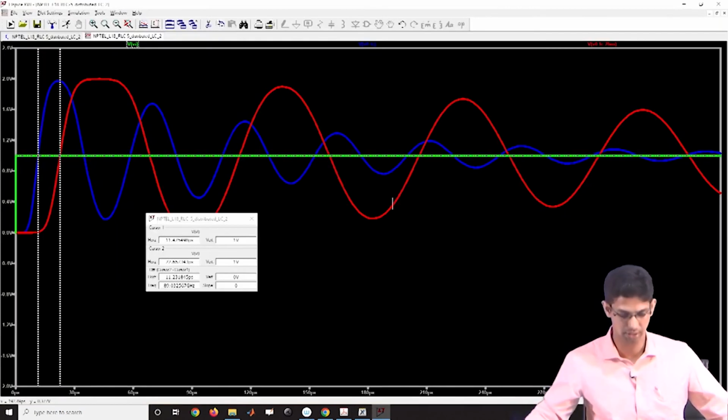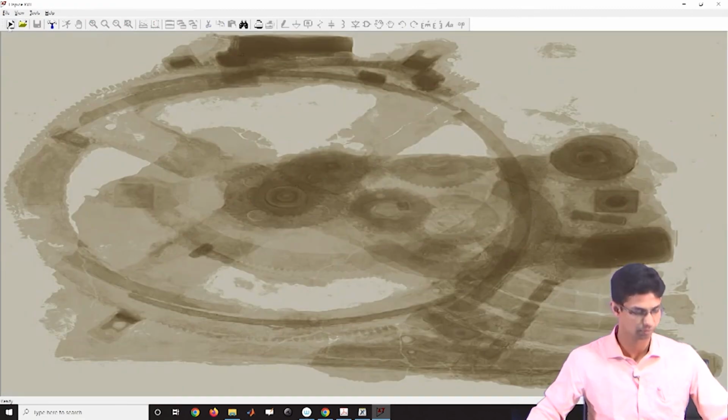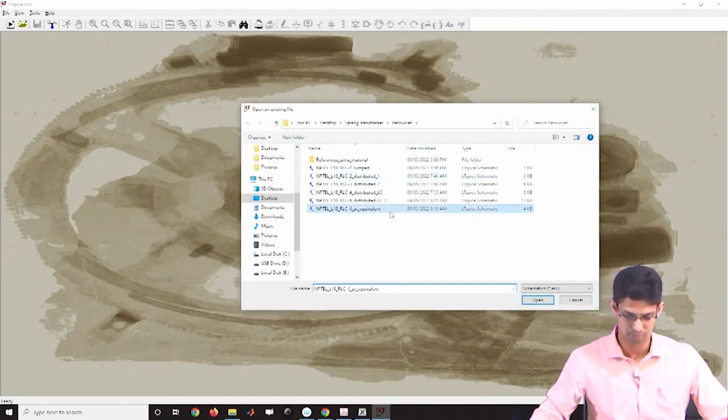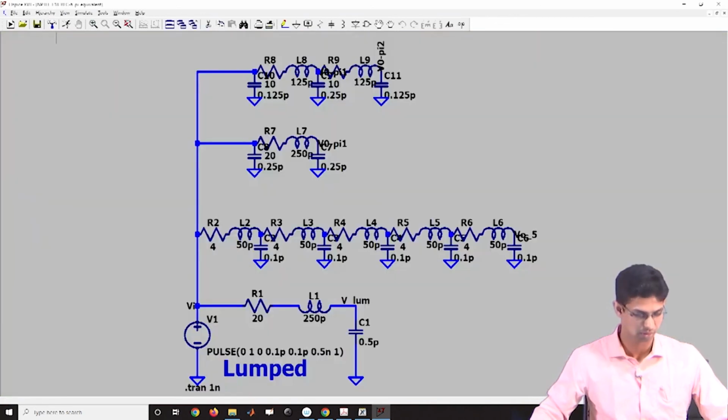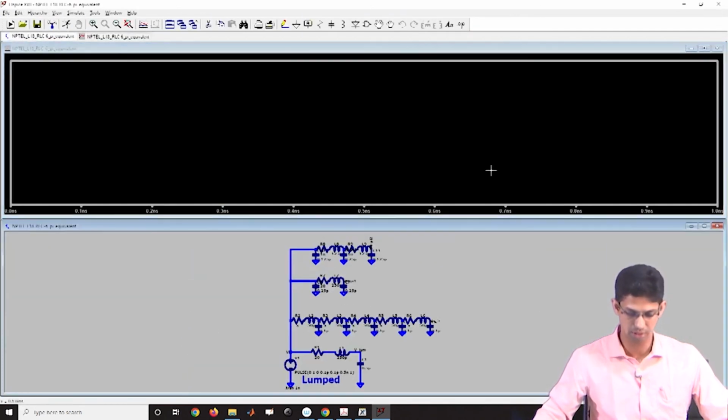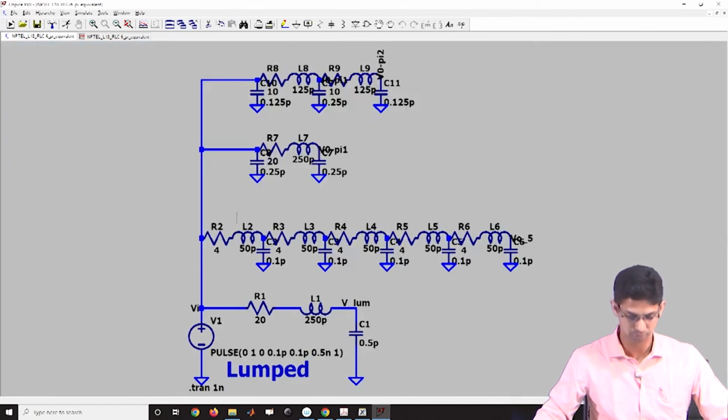Let me go ahead and open the circuit that I have. So I have already made this circuit. This is with 5 elements, I am comparing it with 5 elements, then there is a pi 1 and then pi 2 model. So this is my input, this is my distributed one, this is my lumped pi 1 and this is my pi 2.